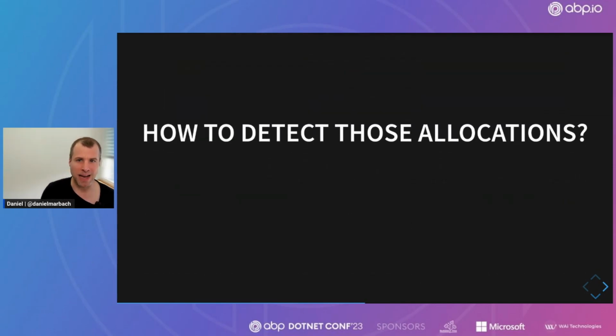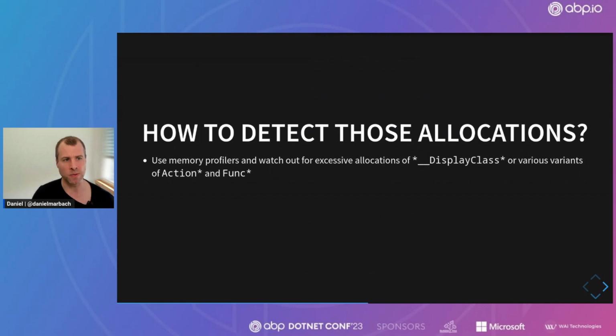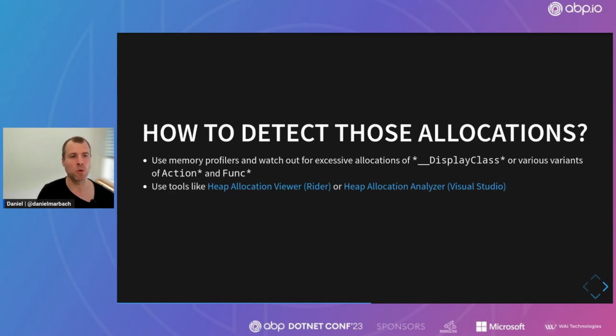Now you might be asking yourself, but hey, how would I even discover these types of allocations? Well, you can use your favorite memory profiler, and watch out for excessive allocations of the display class or various variants of Action and Func delegate allocations. Or you can use a more proactive approach.